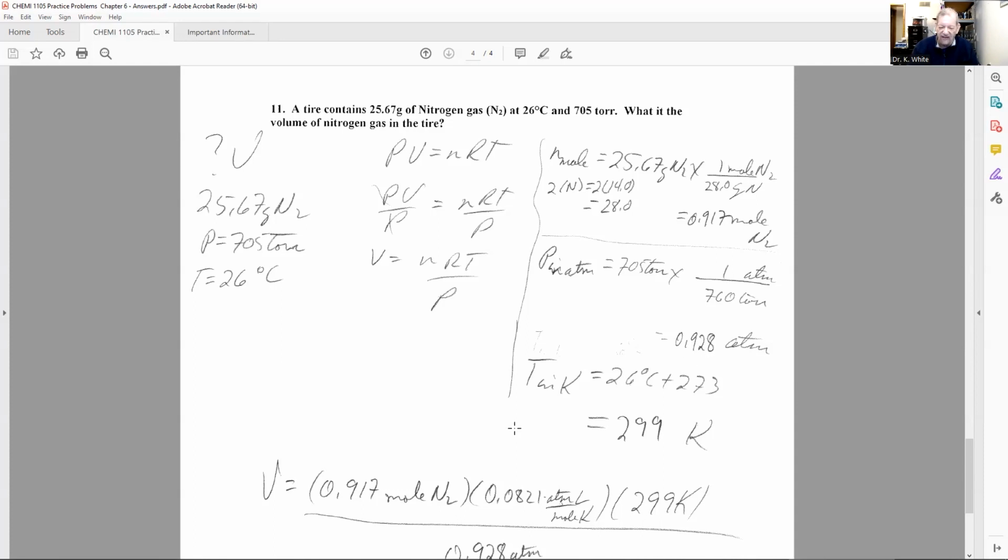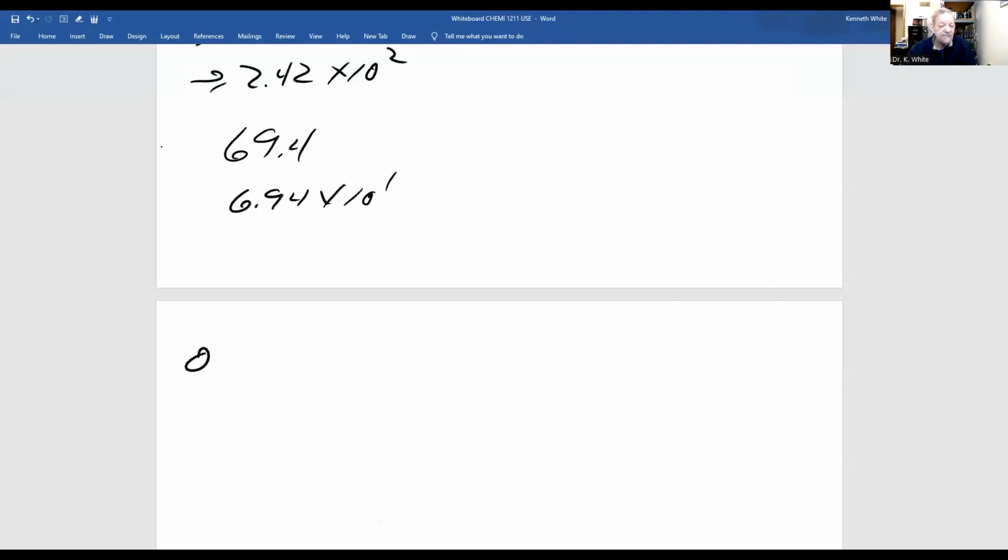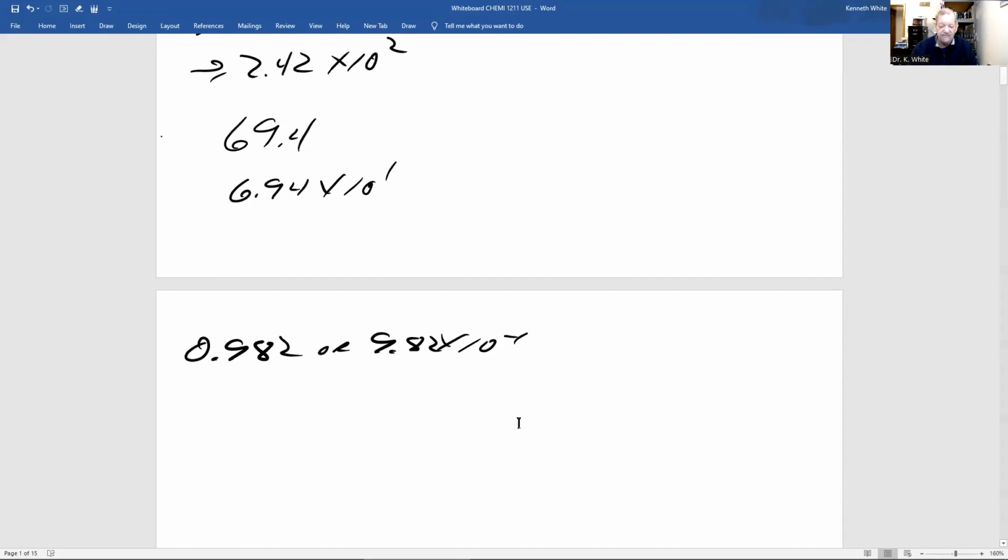Again, I guess I didn't have my calculator on scientific notation. And that's the number I could have had if I had my calculator in scientific notation after rounding off.